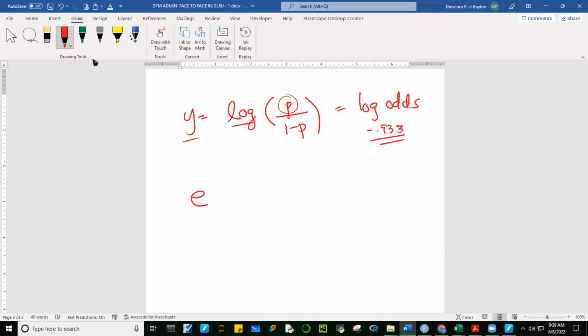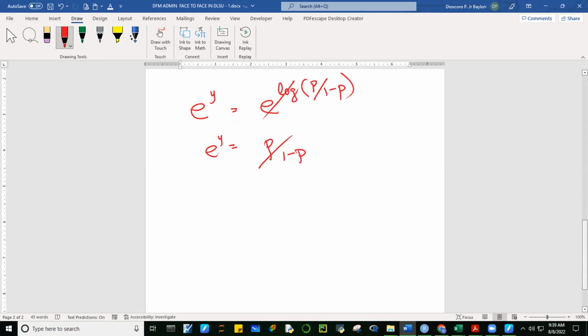So e to the y is equal to e to the log of P over 1 minus P. By exponentiating both sides, the e and the log cancel out, because exponentiation and log are inverse functions. So we have e to the y is equal to P over 1 minus P, right?